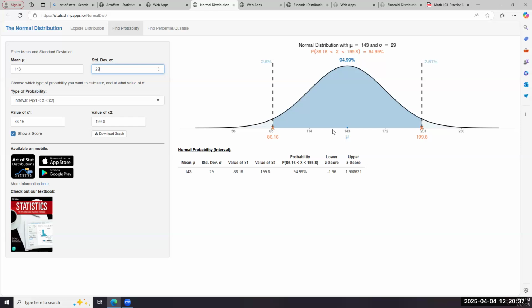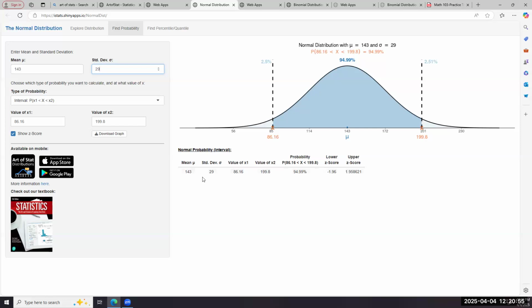There is the area between two numbers, and the application is already giving you the probability, 94.99%. Very, very easy to find.